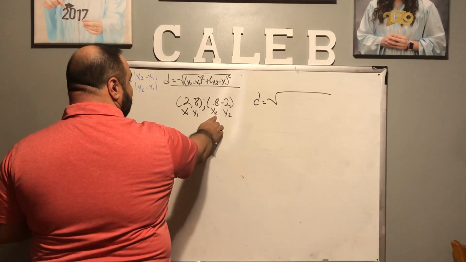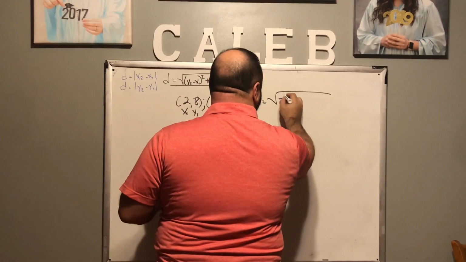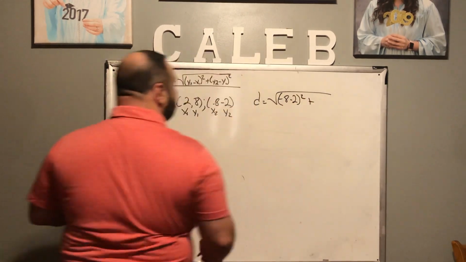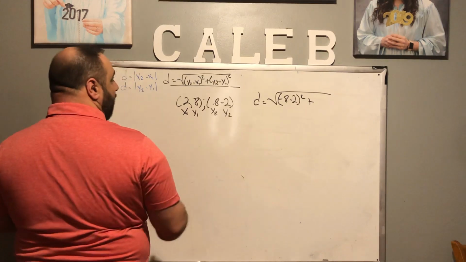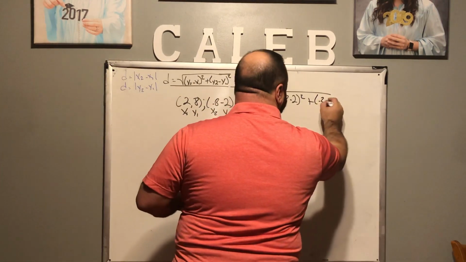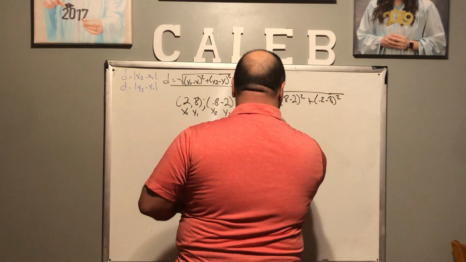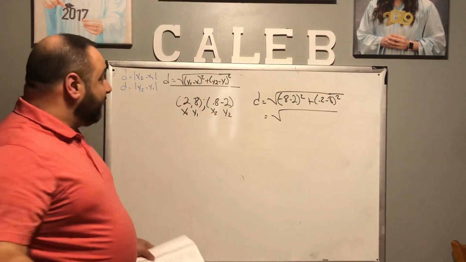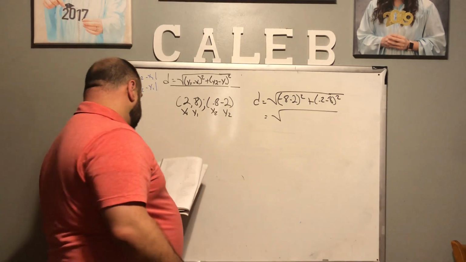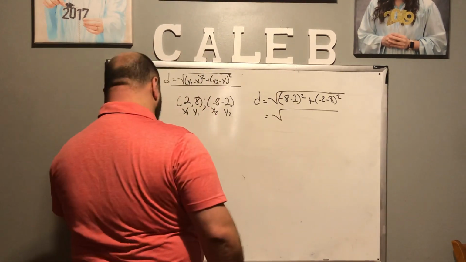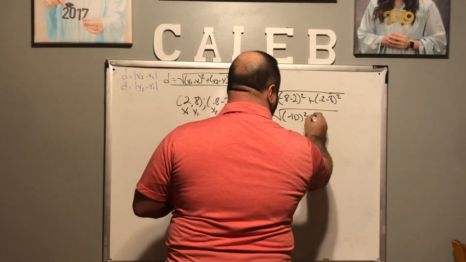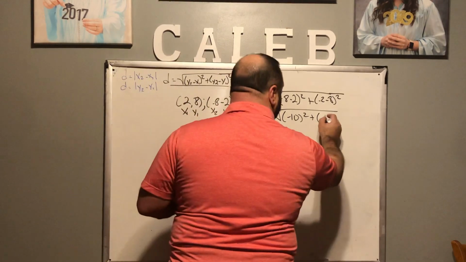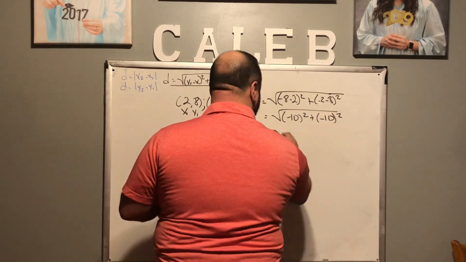So x2 is -8 minus x1, which is 2, squared, plus y2 minus y1, so -2 minus 8 squared. Get your calculators out. Let's work on these together. So -8 minus 2, we have -10 squared, plus -2 minus 8 is -10 squared.